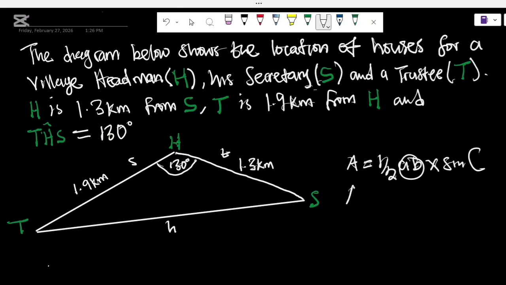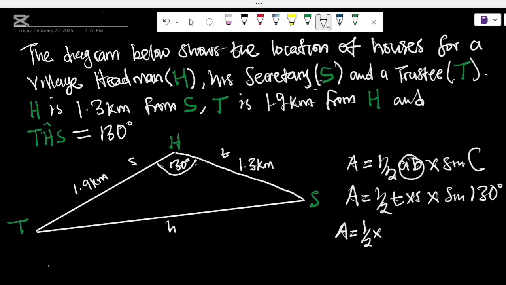This is going to be area is equal to half, and here we're going to have t times s times sine, and this is the angle here, 130 degrees. So we can do the math here. We can say area is equal to half times 1.3 times 1.9 times sine 130 degrees.